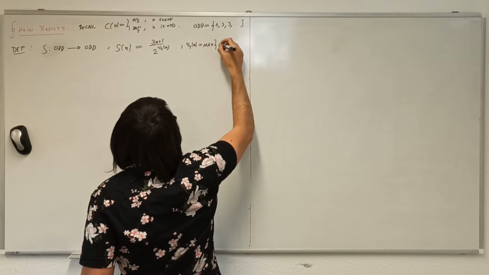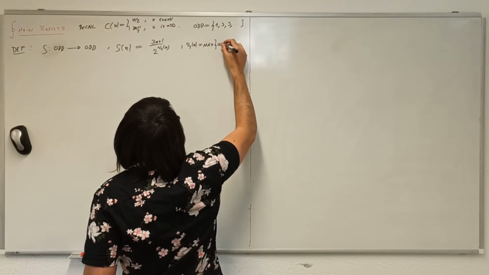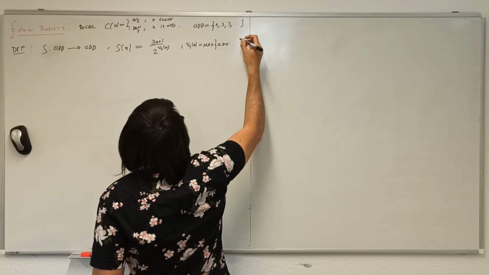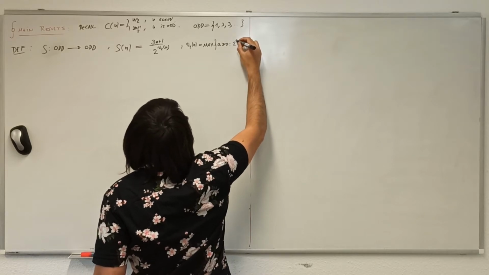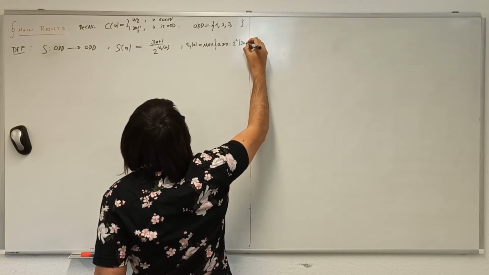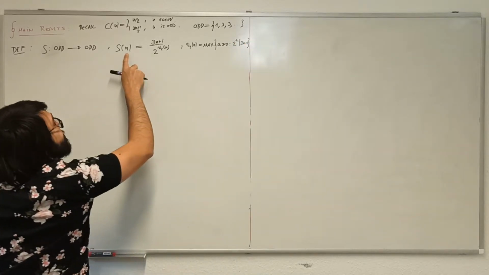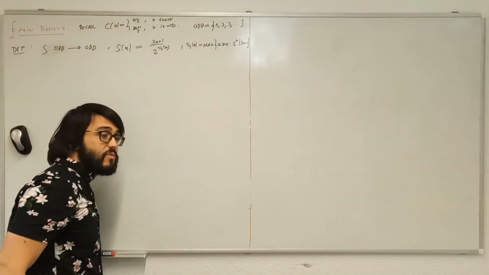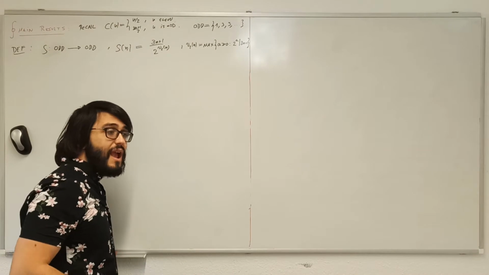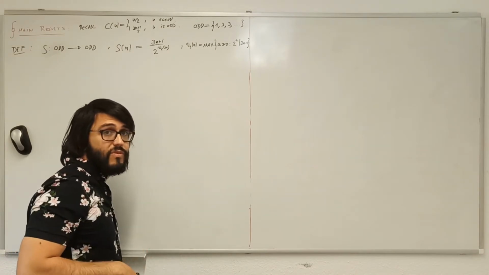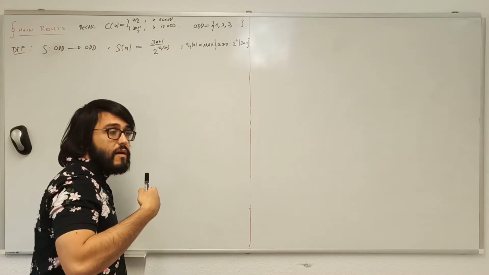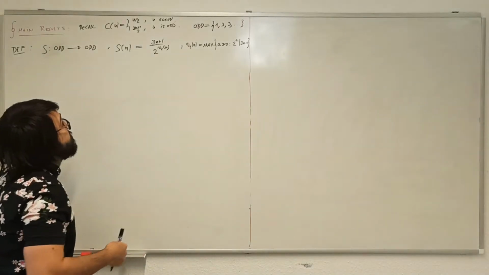Nu 2 of n is just the largest a greater or equal than 0 such that 2 to the a divides 3n plus 1. So what you do is basically take 3n plus 1, and you just take all the powers of 2 in the prime factorization of 3n plus 1.